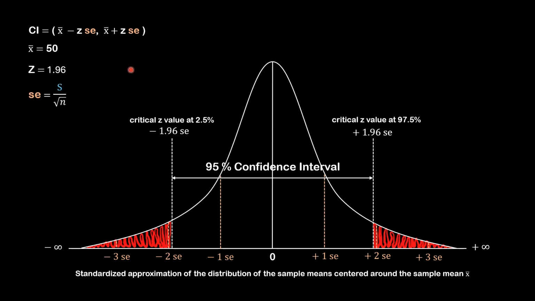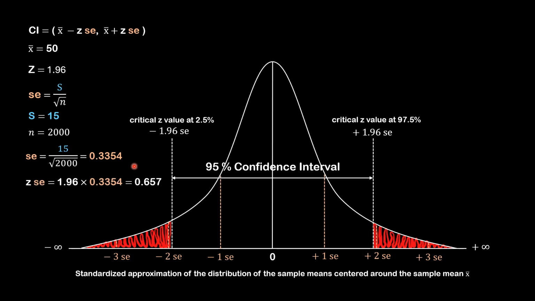The standard error is equal to the sample standard deviation divided by the square root of n, where the sample standard deviation is equal to 15, n is equal to 2000. The standard error is therefore equal to 0.3354, and z times the standard error is equal to 1.96 times this value, which gives us 0.657.